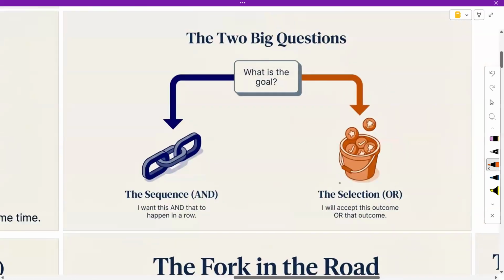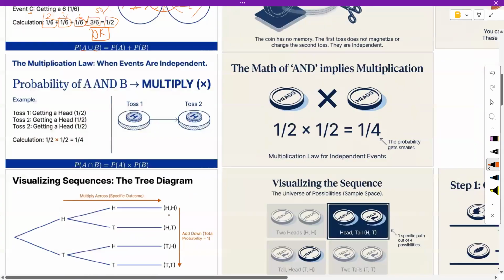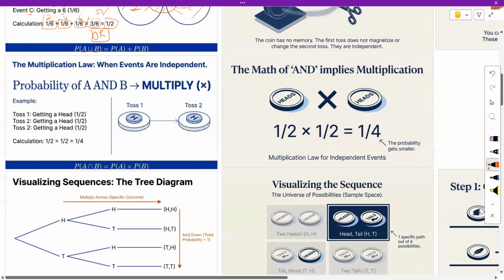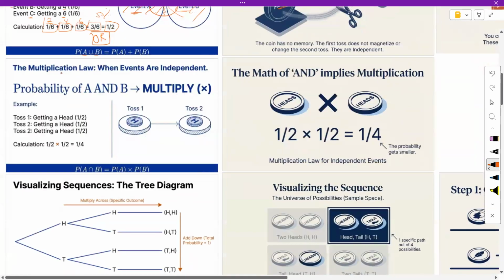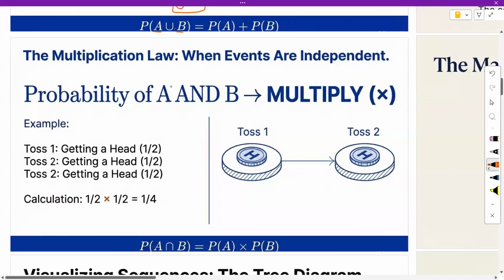Here there are two. We have discussed one, that is "or", the selection "or". The sequence is "and". Now we will apply "and". Here, multiplication law, when events are independent.